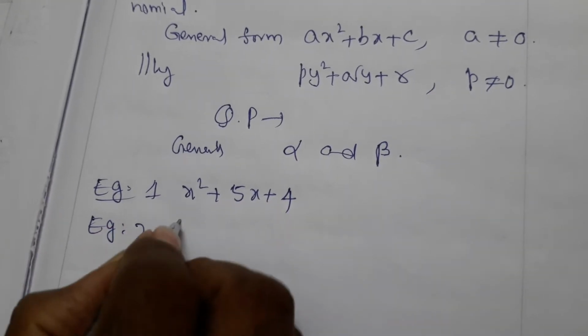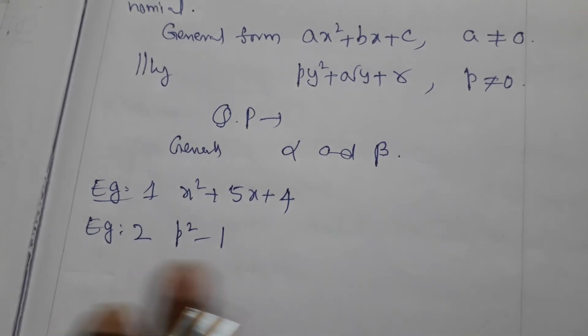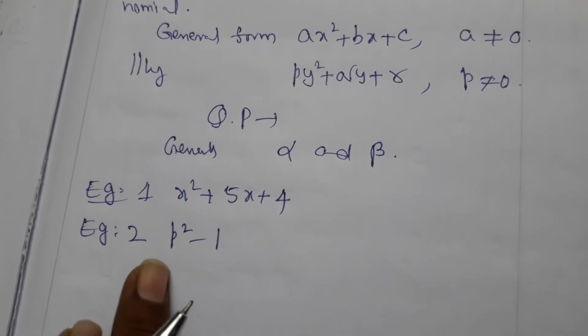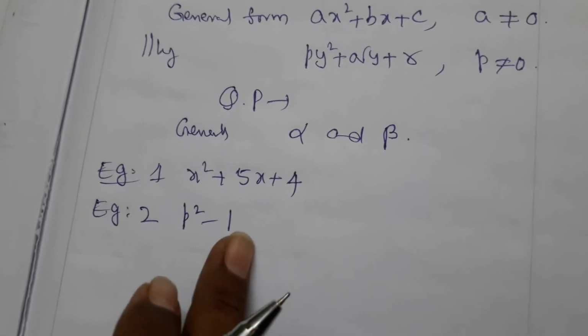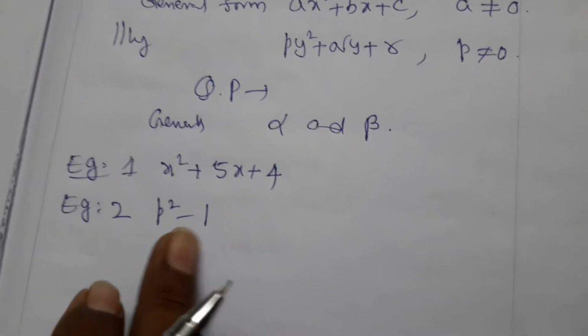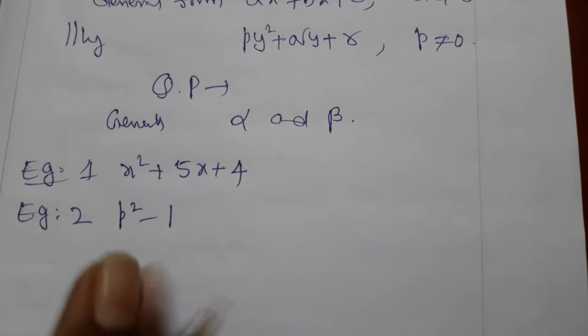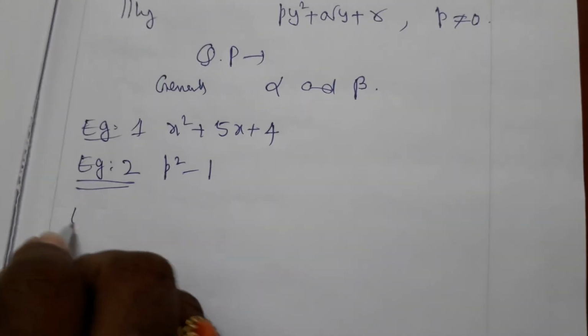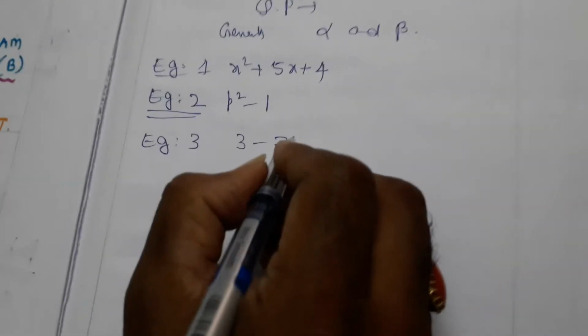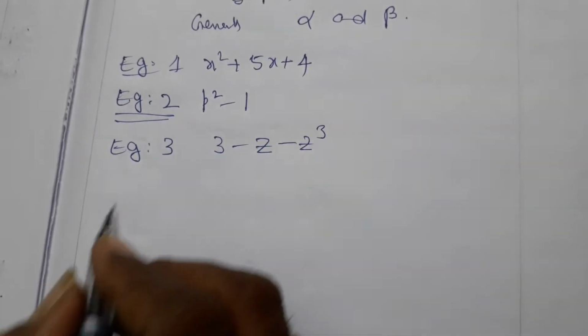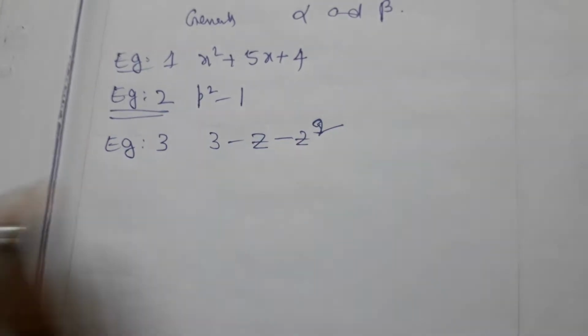Example 2: p square minus 1. This is a quadratic polynomial in variable p. Here the p term is not available, but it is also a polynomial, and it is quadratic. Example 3: 3 minus z square, z square not cube.